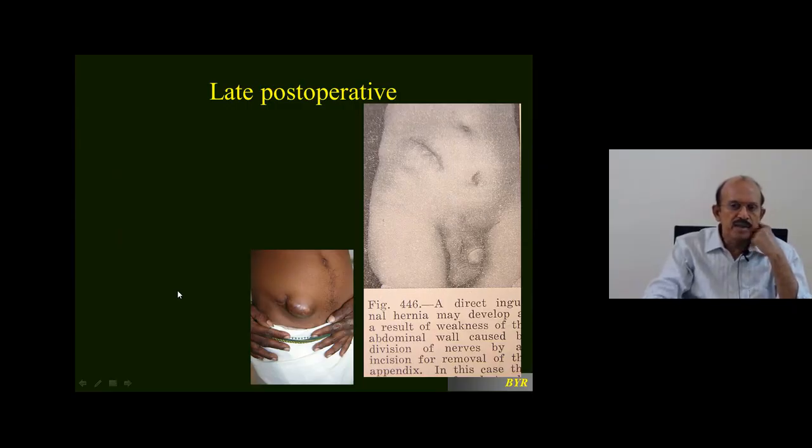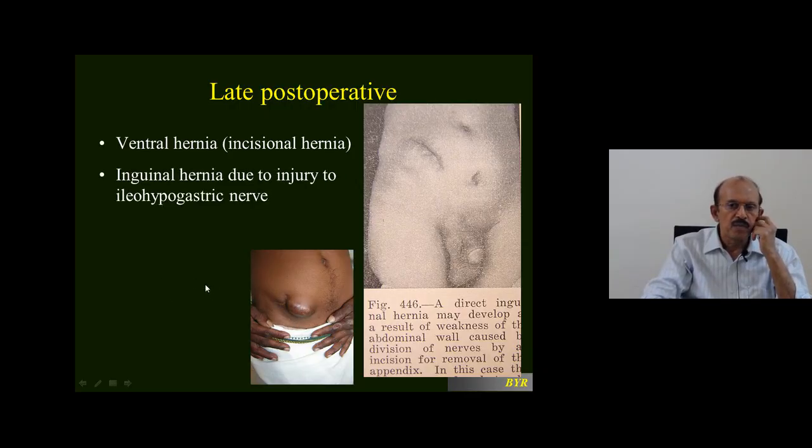Late postoperative complications being ventral hernia, that is incisional hernia. That means wherever you do surgery, if it gets infected, the scar will be weak. Through that, the patients may develop hernia. Sometimes there may be inguinal hernia due to injury to the iliohypogastric nerve, because the iliohypogastric and ilioinguinal nerves pass through this plane.